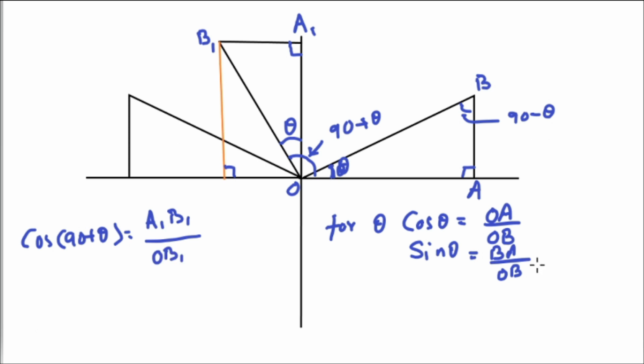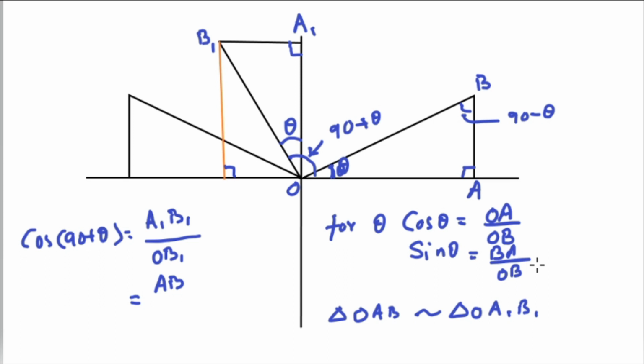Now we can see that triangle OAB is similar to triangle OA1 B1. So in that case, the ratio of A1 B1 by OB1, if compared to the original triangle, A1 B1 will be similar to the side AB, but with a negative sign because A1 B1 lies in the second quadrant.